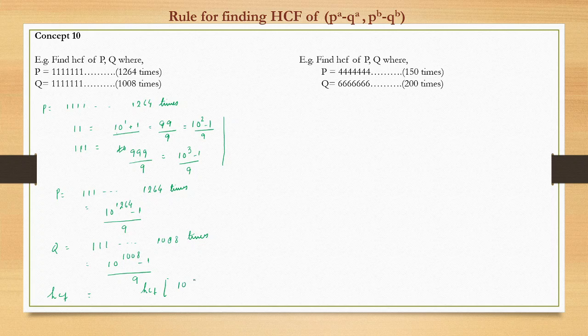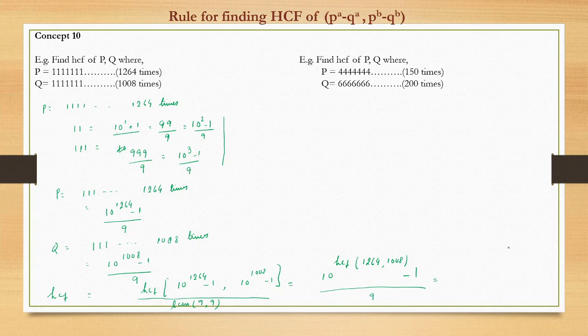HCF of 10 raised to power 1264 minus 1 and 10 raised to power 1008 minus 1, upon LCM of 9 comma 9. The HCF of the numerators is 10 raised to power HCF of 1264 comma 1008, minus 1, upon LCM of 9 comma 9, which is 9.